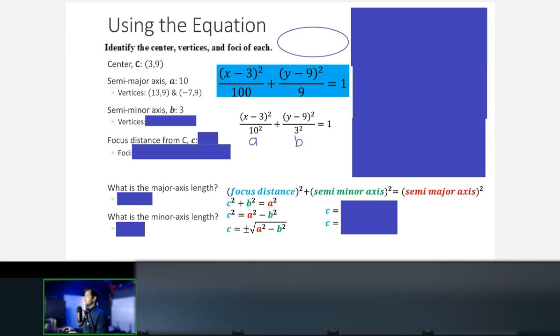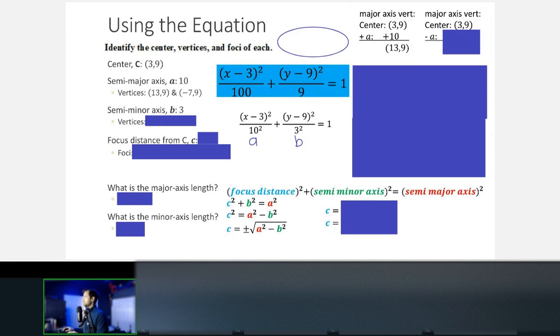And then here's the work for it. From the center, you are going to the right 10 and going to the left 10. And remember, left and right is the X direction. So 3 plus 10 and 3 minus 10. Okay, with that said, what are the vertices for your minor axis?